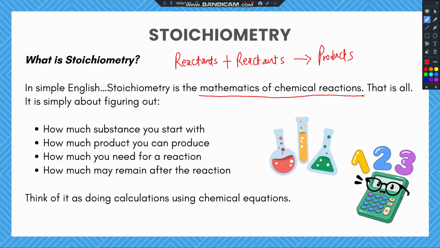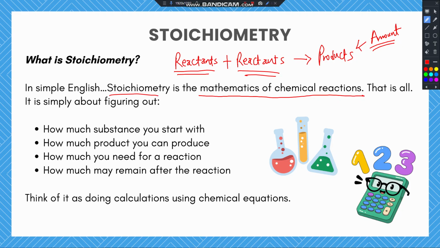Now, you'd agree with me that there are certain amounts of each reactant that must combine together to form a particular amount of products. The mathematical procedure that enables us to attain the exact amount of products and reactants in a chemical reaction is what stoichiometry is.